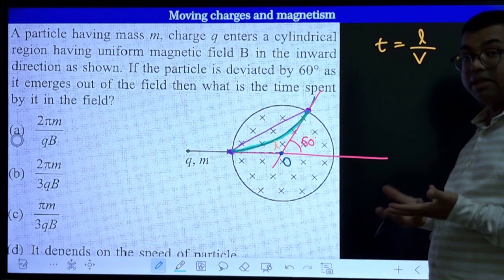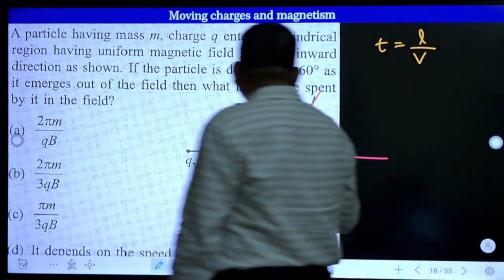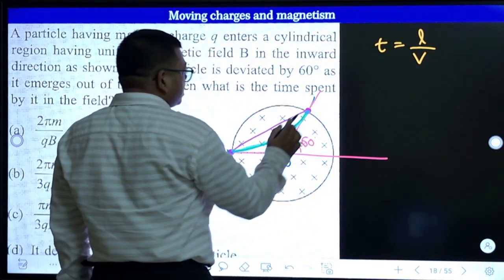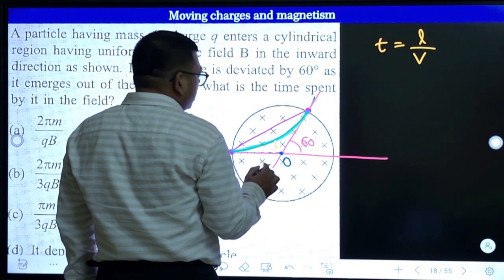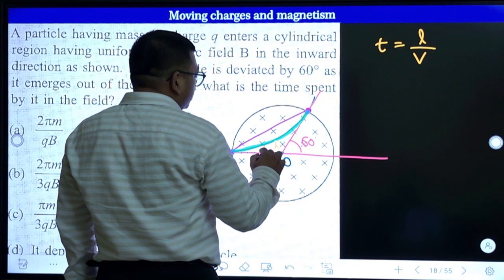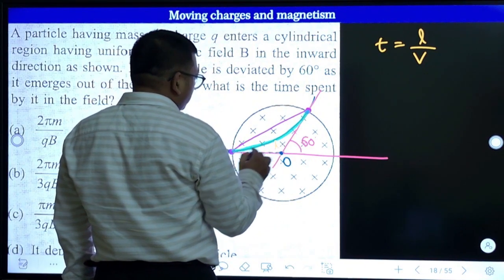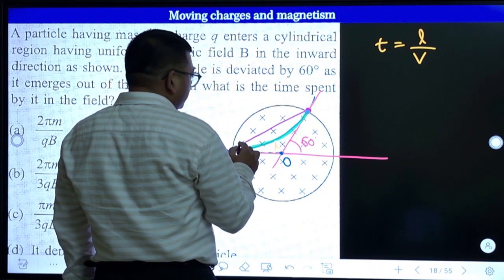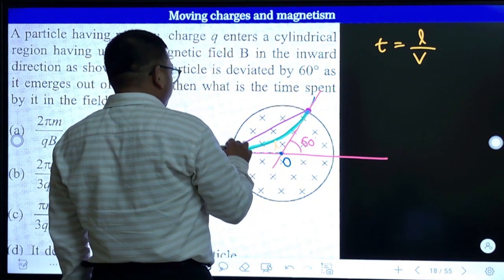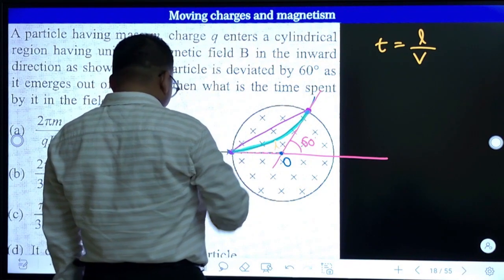Suppose the radius is not mentioned, nothing is mentioned, then suppose I take this joining a center. That means we need to consider how much the arc length will be. By some symmetry, its radius will be in this direction.